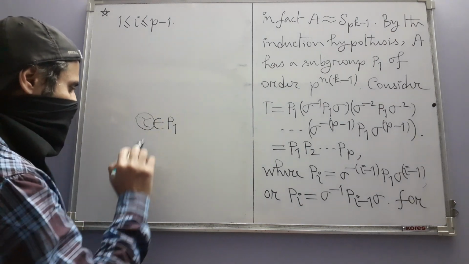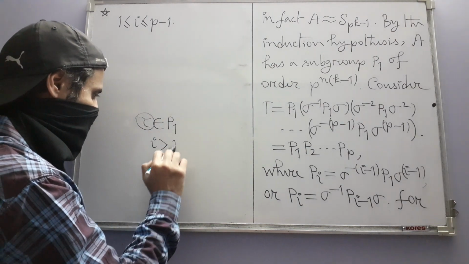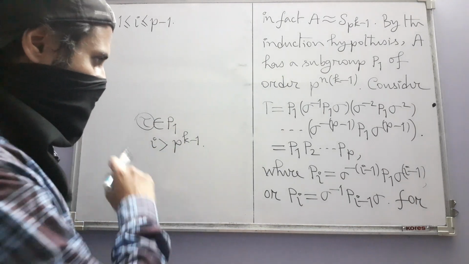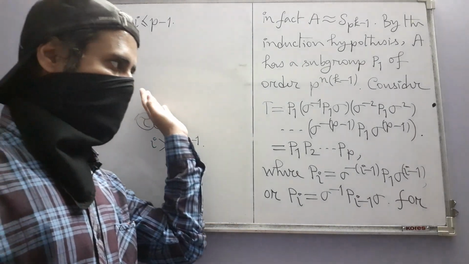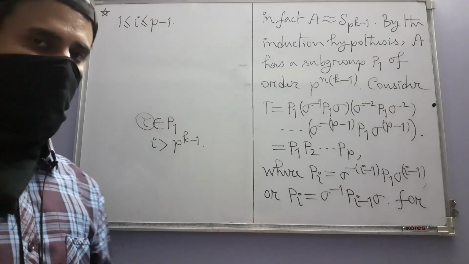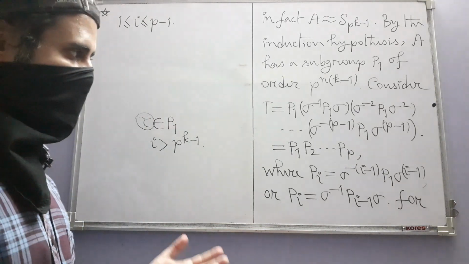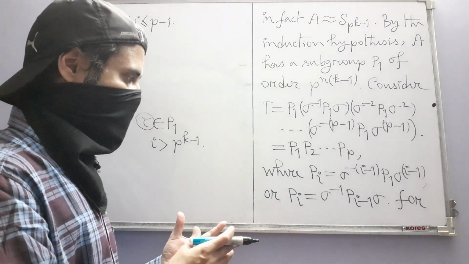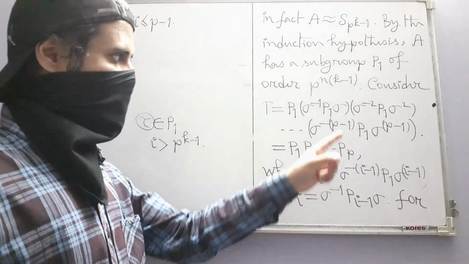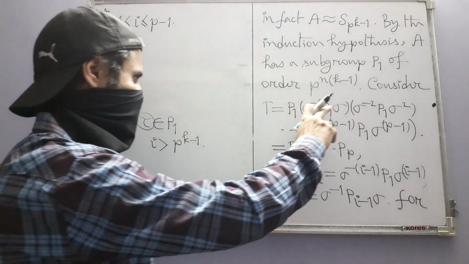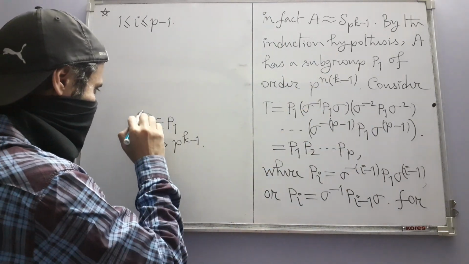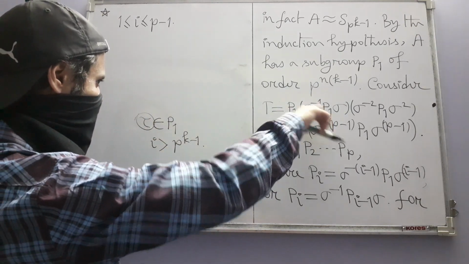Namely those tau which do not change any i that exceeds p^(k-1), and for that type of tau we left behind an entire story, right? That sigma inverse tau sigma behaves in this way. It changes only the elements in the second clump. Similarly, okay, so I was getting ahead of myself. So for this tau, there is one element here, right?